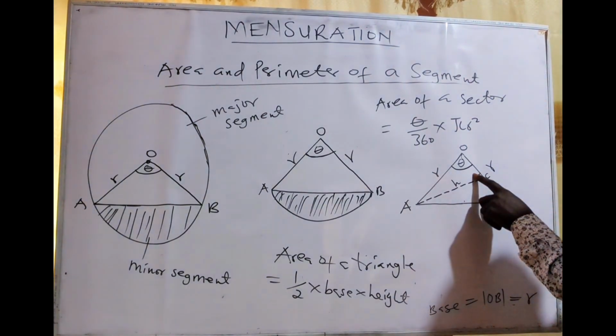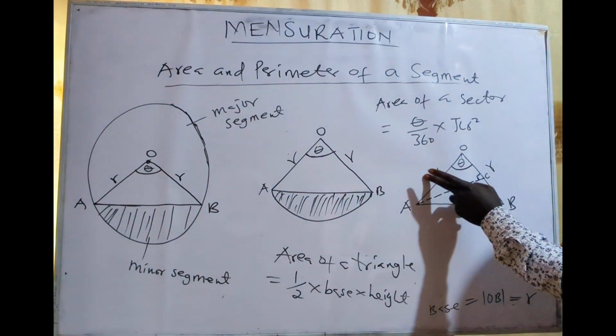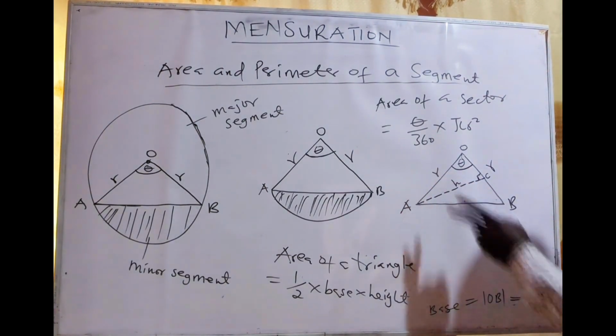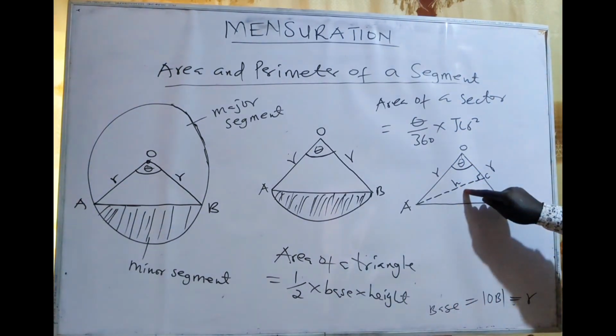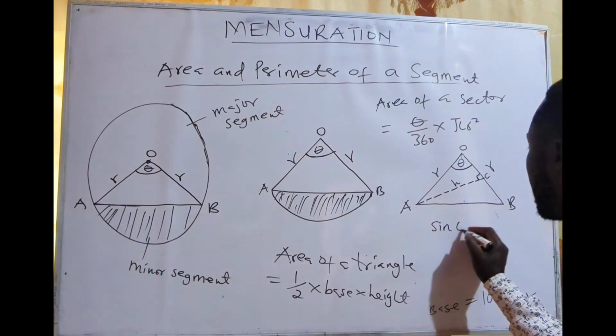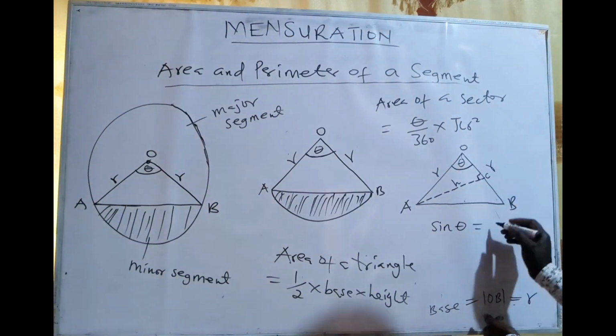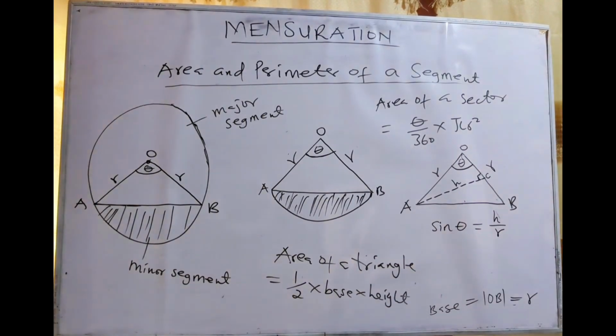My right angle is here, so this side is the hypotenuse. So the sine of the angle, sine theta, is equal to H, opposite, over R, hypotenuse.